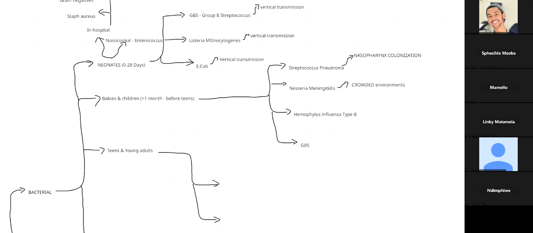For now, I just want to see if there's anything I missed under meningitis. In terms of transmission, Neisseria meningitidis, as well as Streptococcus pneumoniae and Haemophilus influenzae, are transmitted essentially through respiratory droplets.